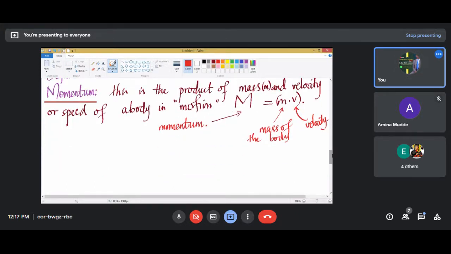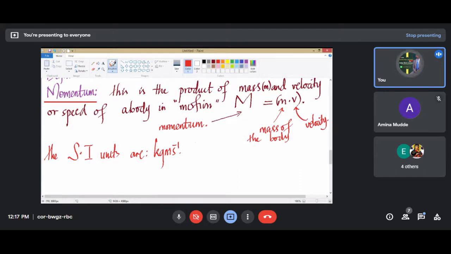Now we have what we call the units of momentum, which would be the SI units. Mass is in kilograms, velocity is in meters per second.